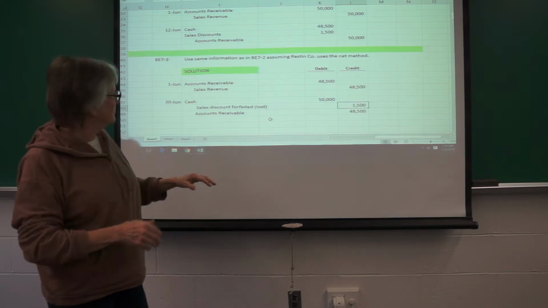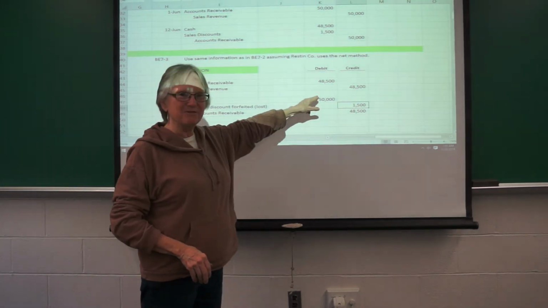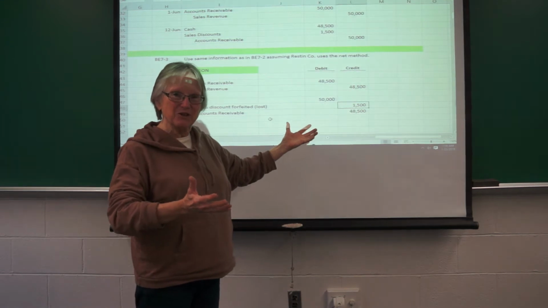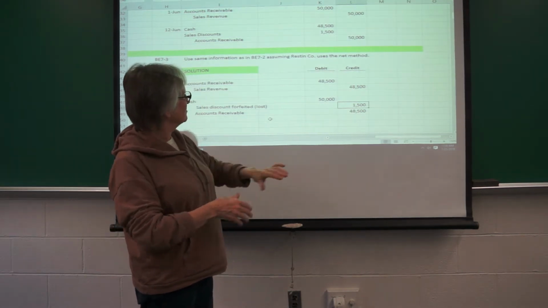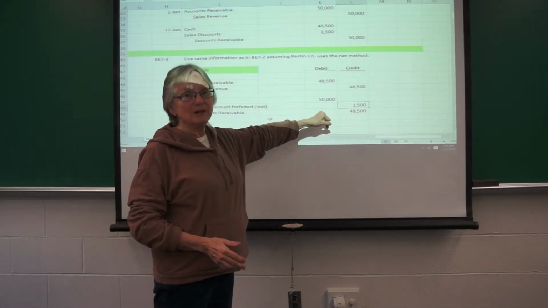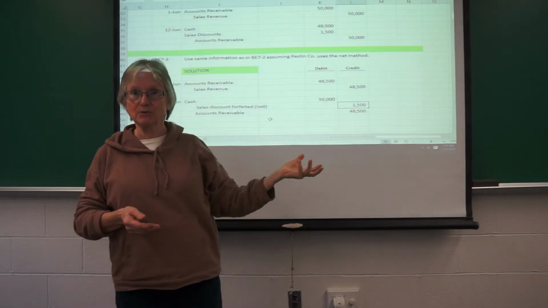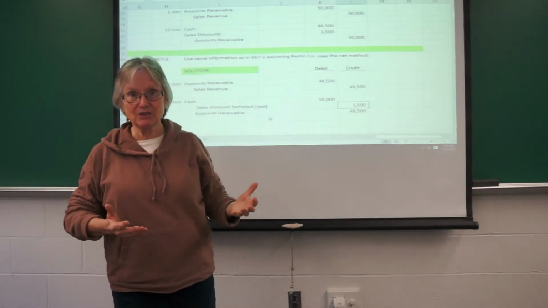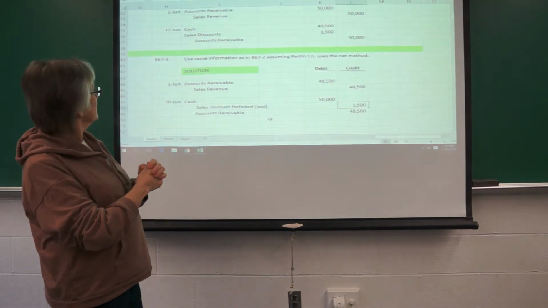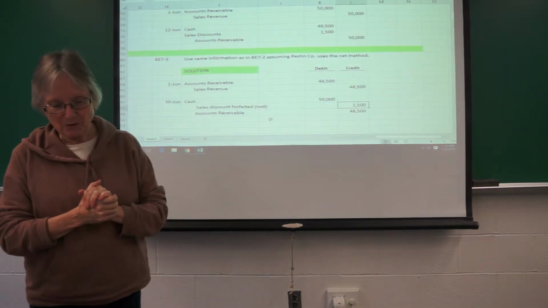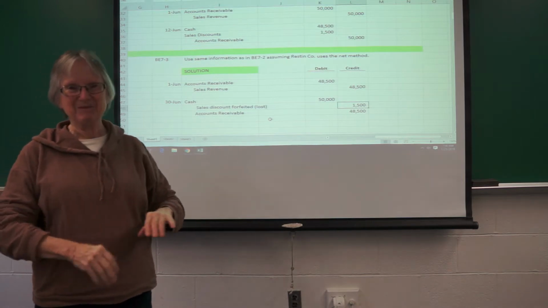The cash equivalent price is that 48.5. That's what they should buy it at. To not do it at that price really reflects poor management. If you figure out the interest rate on not taking these discounts, it's significant. Okay, so anyway, you need to be aware of both the gross method and the net method and how they work.